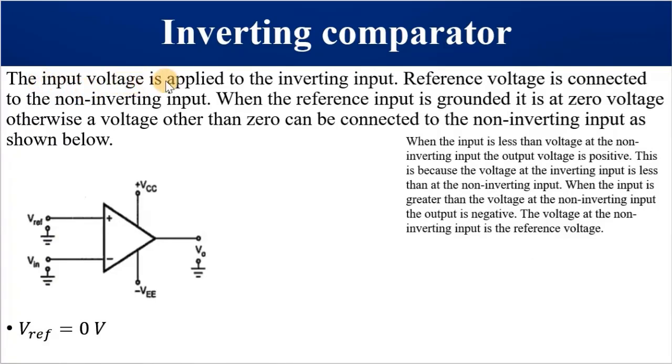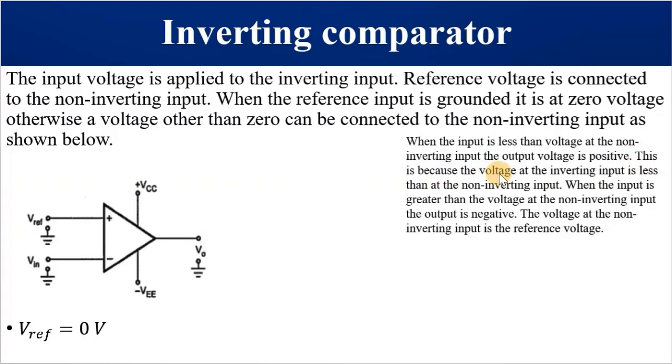The input is applied to the inverting input and the reference voltage is connected to the non-inverting input. In this case, it is a 0 reference value, and when the reference input is grounded, it is at 0 reference voltage. Otherwise, a voltage other than 0 can be connected to the non-inverting input. When this input is less than the reference voltage, the output is positive. Why?